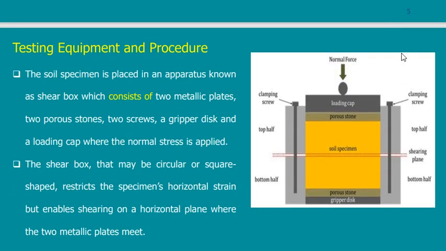This is the shape of the test. The shape of the test is like this. I have a soil specimen. This is the specimen. By the way, do you know what is the difference between sample and specimen? They are both English words. Usually they are used instead of each other, but there is a difference between both. A sample is the bulk sample that I take from the site, or a big sample. But if I take this sample and prepare it to fit into my experiment, then it is a specimen.